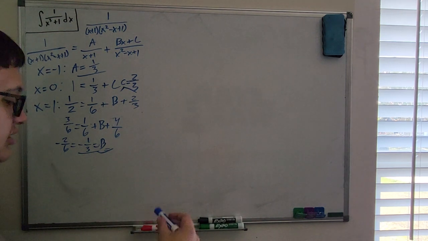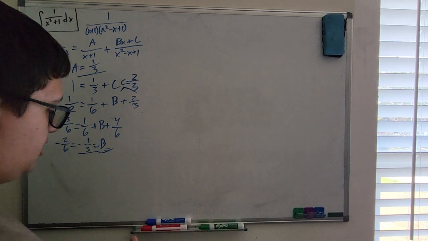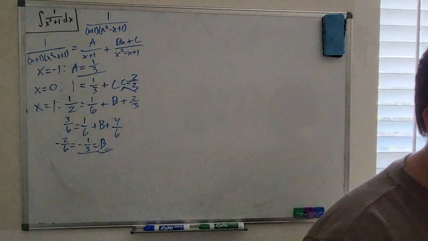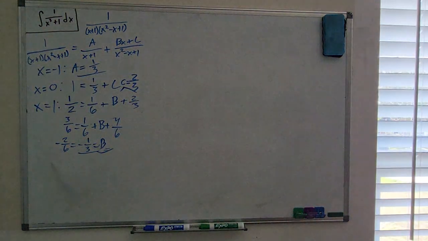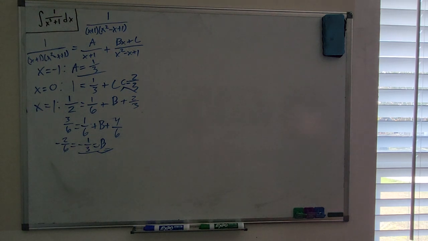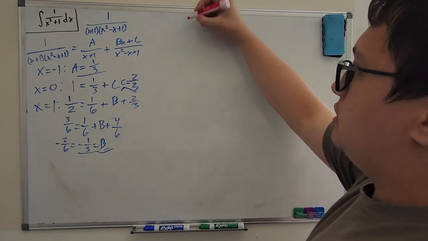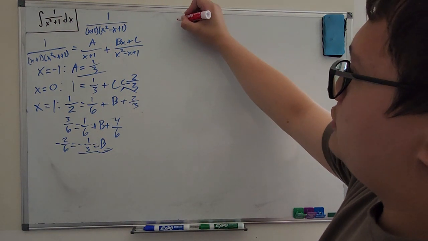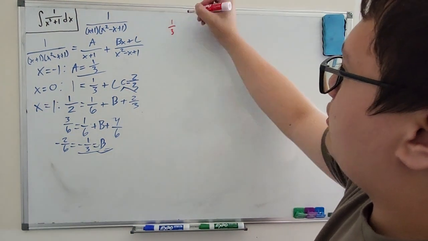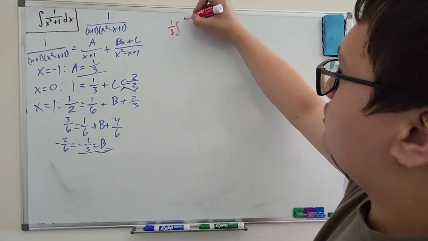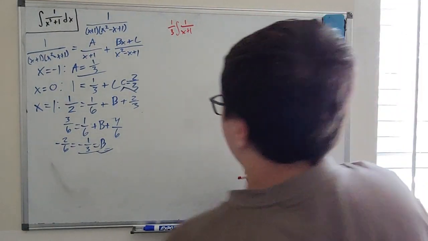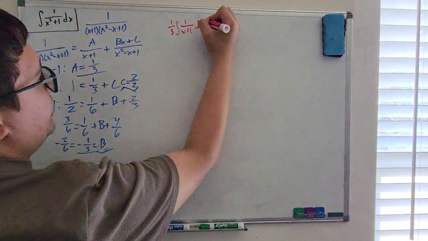Now it's a little bit easier to do this. I'm going to use 2 colors this time, which is going to be pretty hard, but I'm going to use them. So here, we can just rewrite that as: A is going to be 1/3, so I'm going to write 1/3 out of the integral, and then we can just put a 1 over x plus 1. Actually, I'm going to go over here, and I might block the way, but I don't care. Like that, right?